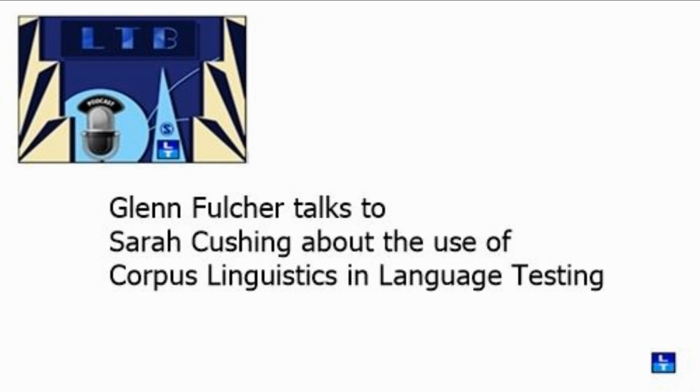Another one is to understand really how language is used at different levels of proficiency. This can really be helpful for rating scale development and validation, and also for the development of automated scoring systems. So learner corpora have become really indispensable tools for test developers.